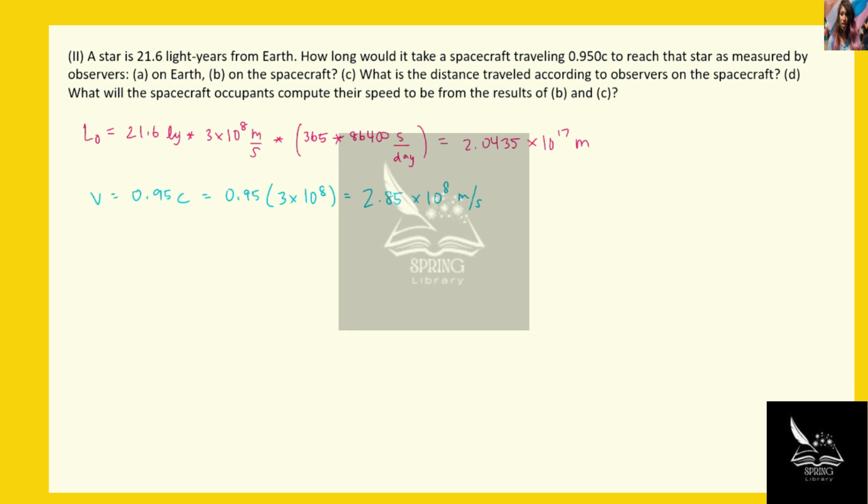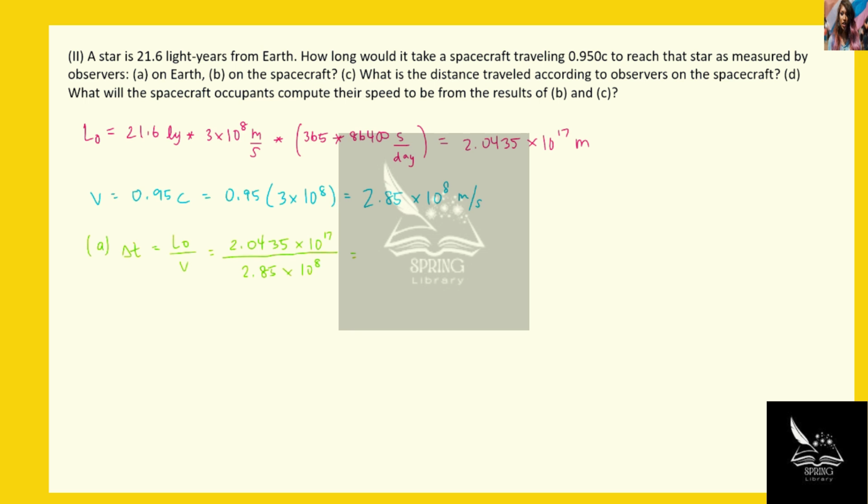So how long will this seem to take to observers on Earth? Well, that quantity is delta t, and that can be found with L naught divided by v. So we will take 2.0435 times 10 to the 17th meters, and then it's up to you whether you want to plug this in as 0.95 times 3 times 10 to the 8th, or just go ahead and use that 2.85 times 10 to the 8th.